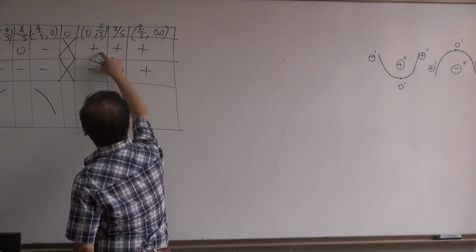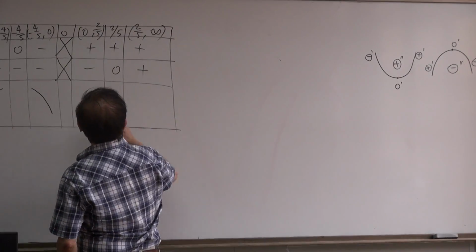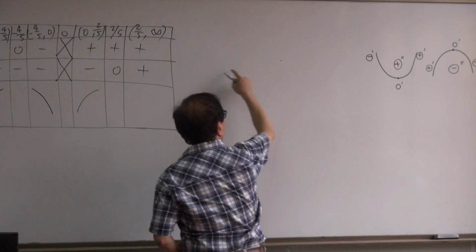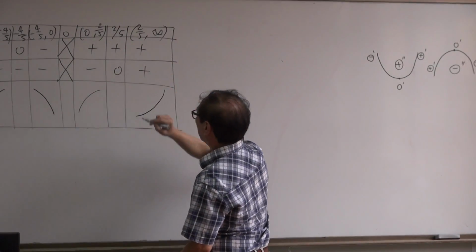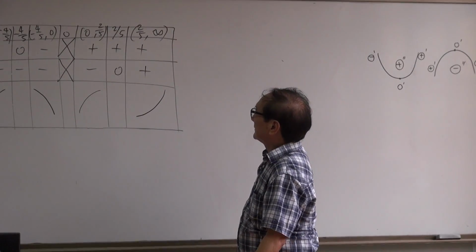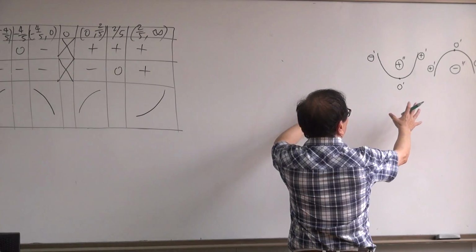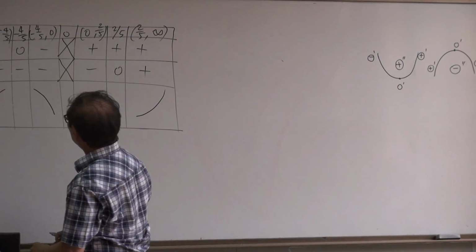And negative, positive is this shape. And positive, positive is this shape. So these little 2 graphs serve like a dictionary or Bible.